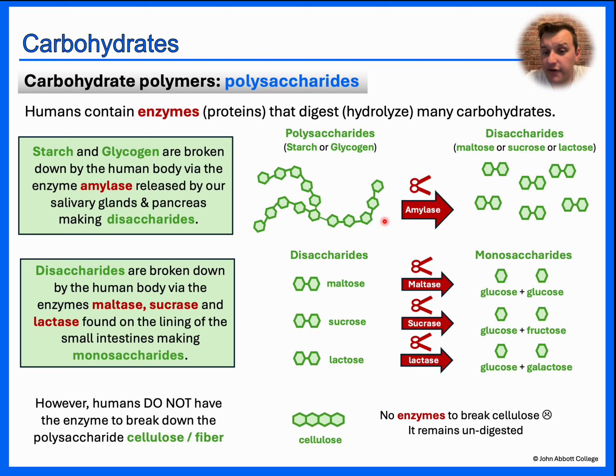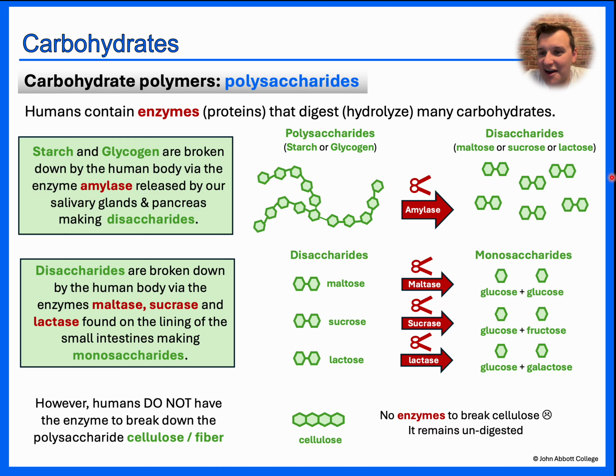So our salivary glands and our pancreas have this enzyme called amylase that will break down this starch and glycogen into disaccharides, okay? Maltose, sucrose, lactose. So we start breaking things down a lot over here, right?